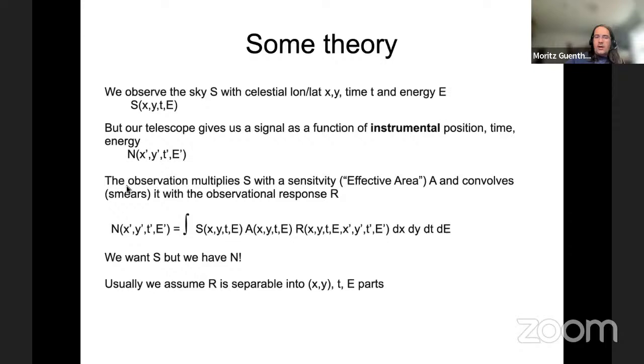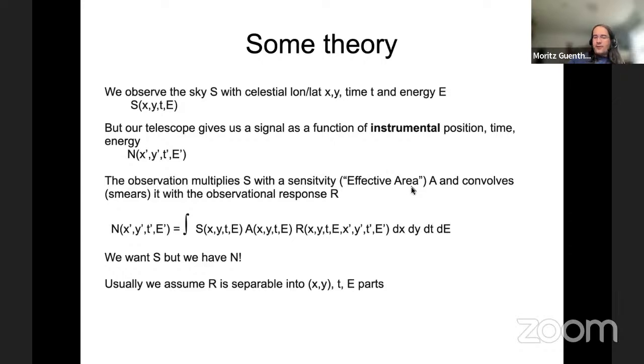And so there's a difference between the true number of photons that come from the sky and the number of photons n that we actually observe. That's called the sensitivity: what fraction of the photons that come from the sky actually make it through the telescope, through the mirrors, to our CCD.